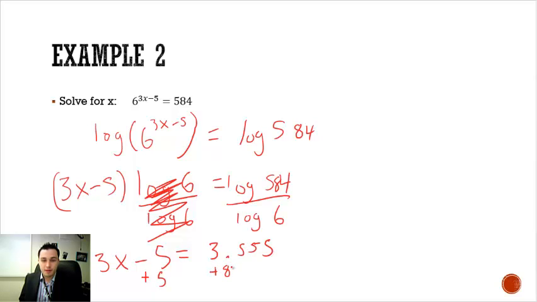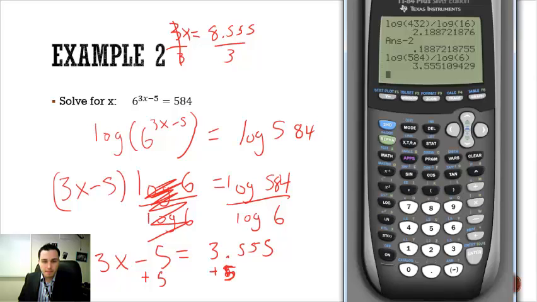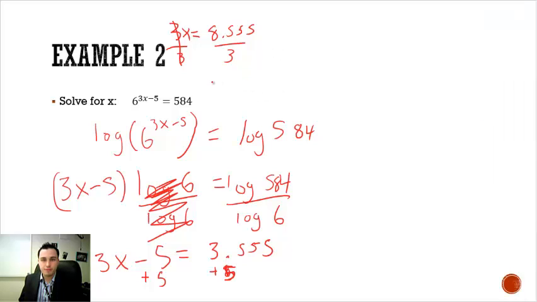So that's going to be 3x equals 8.555. Divide both sides by 3, and that'll be my answer. So let's see what that is. Because I added the 5, and then we divide by the 3, and I get 2.852.